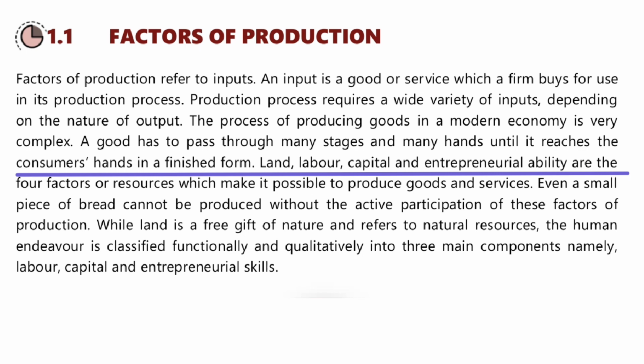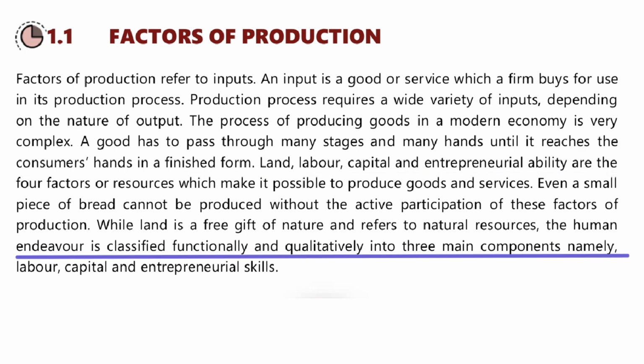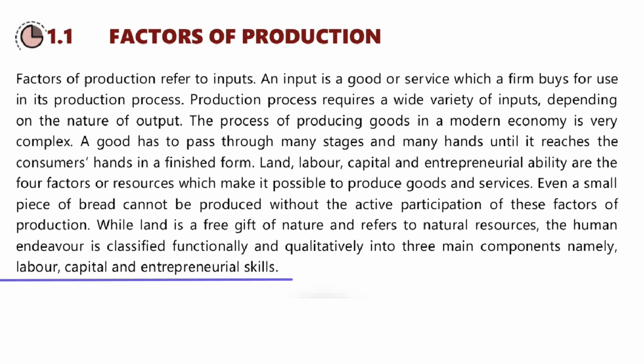Whatever may be the commodity, whether it is a perishable one or a non-perishable one, it has to be processed, and it has to go through various processes also. So the factors which help in all these are called the factors of production, namely land, labor, capital, and organization. Now we shall see one after the other as a factor of production.